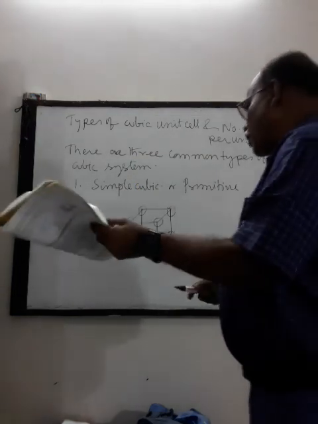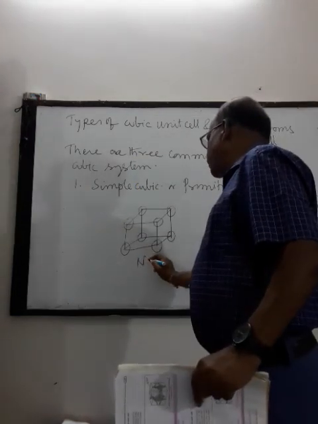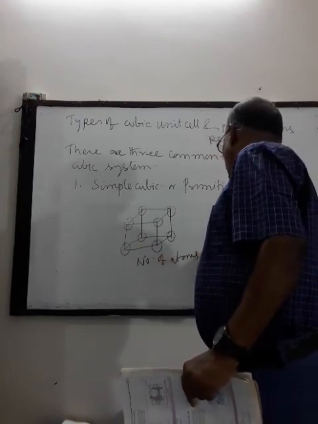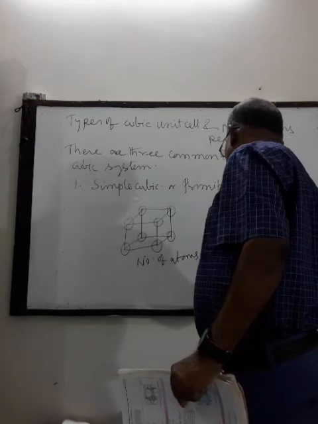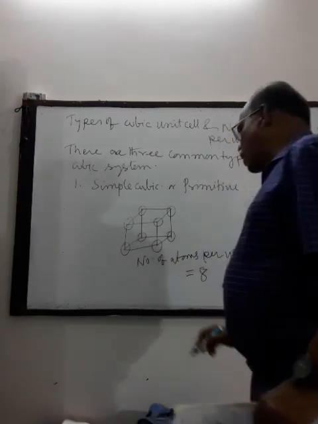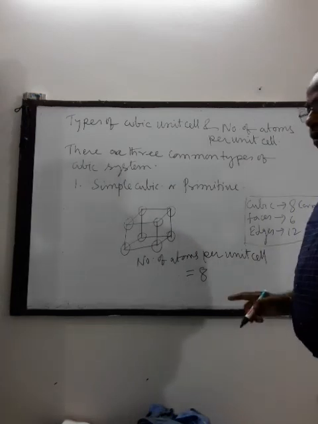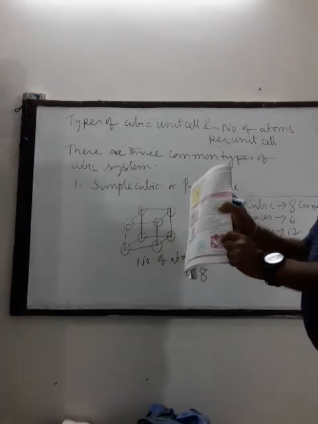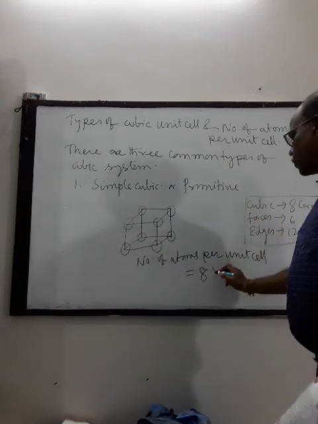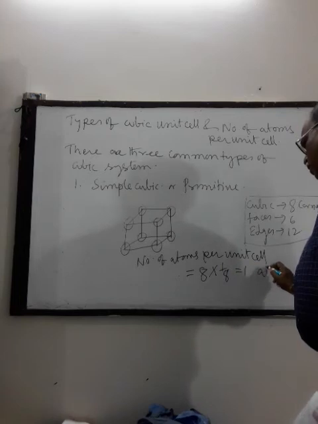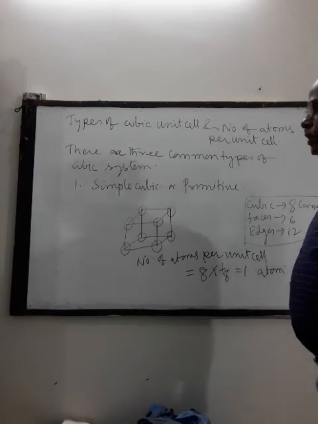So number of atoms per unit cell. There are 8 corners in a cube, and each corner contributes 1/8 to each unit cell. So there is one atom per unit cell.